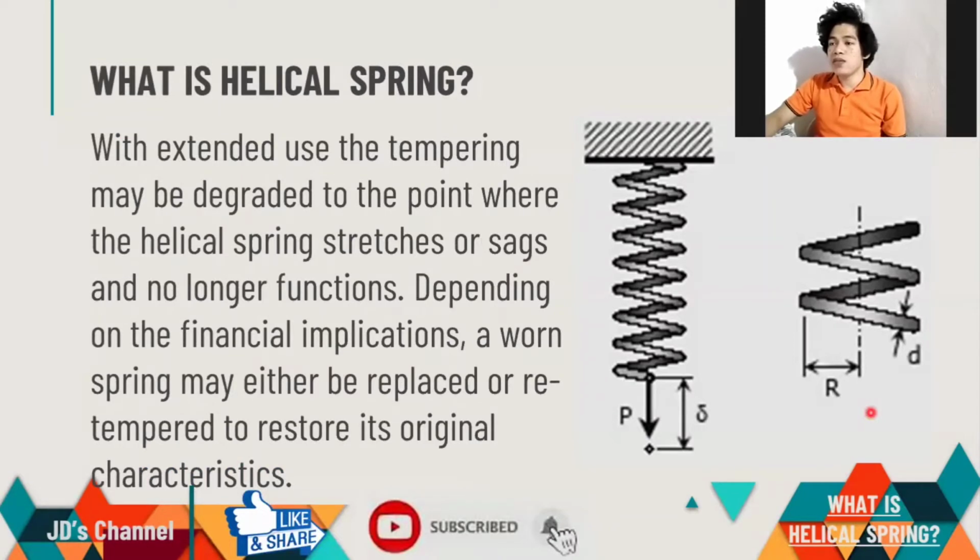With extended use, the tempering may be degraded to the point where the helical spring stretches or sags and no longer functions. Depending on the financial implication, a worn spring may either be replaced or retempered to restore its original characteristics.